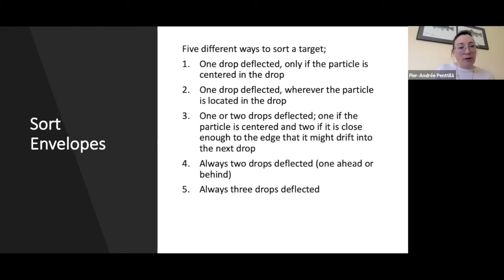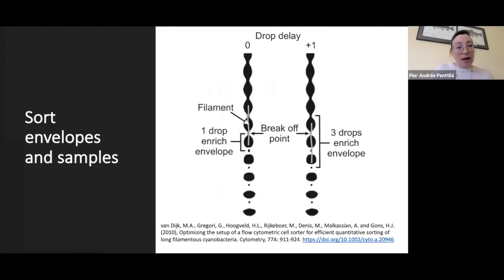You can have 1 or 2 drops deflected: 1 if the particle is centered, and 2 if it is close enough to the edge that it might drift into the next drop. You can always sort 2 drops deflected, 1 ahead or behind, or finally always 3 drops deflected. And I will attempt to explain a little by using an example of how sort envelopes vis-a-vis specific types of samples are important in this type of consideration.